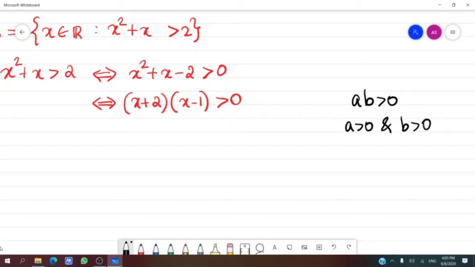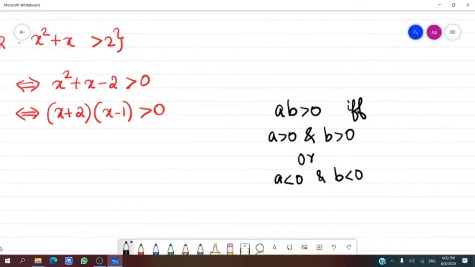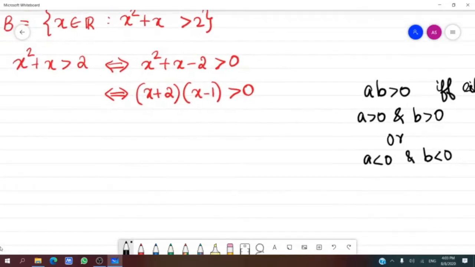If both are positive or both are negative. എന്താ തിരിച്ചുള്ളതും നമ്മൾ പ്രൂവ് ചെയ്തിട്ടുണ്ട്. അപ്പോൾ എനിക്ക് വേണമെങ്കിൽ നമുക്ക് ഇങ്ങനെ എഴുതാം, ഇഫ് ആൻഡ് ഓൺലി exactly one of this or this holds. Or either എന്ന് എഴുതിയാലും മതി. Either or. So this product is positive.